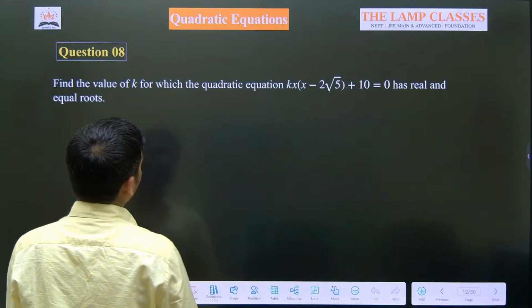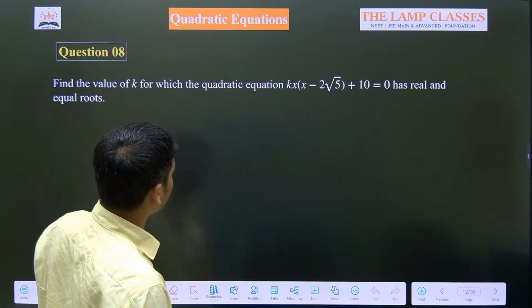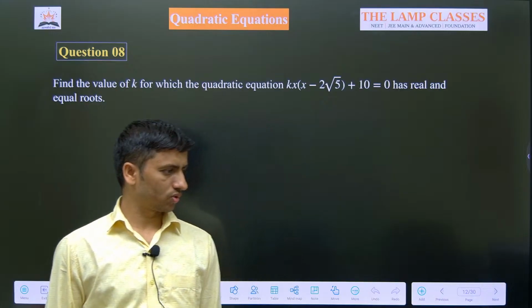Find the value of k for which this quadratic has real and equal roots.